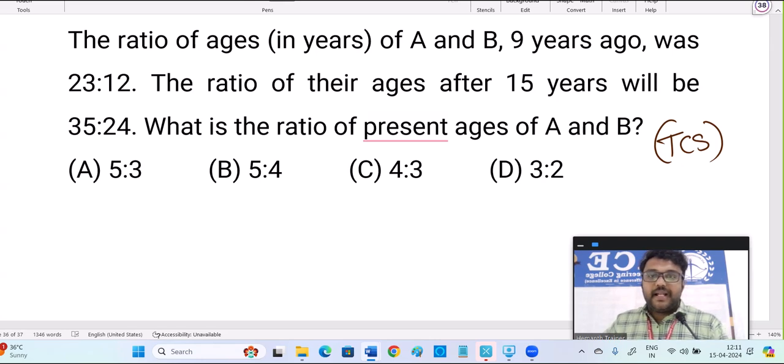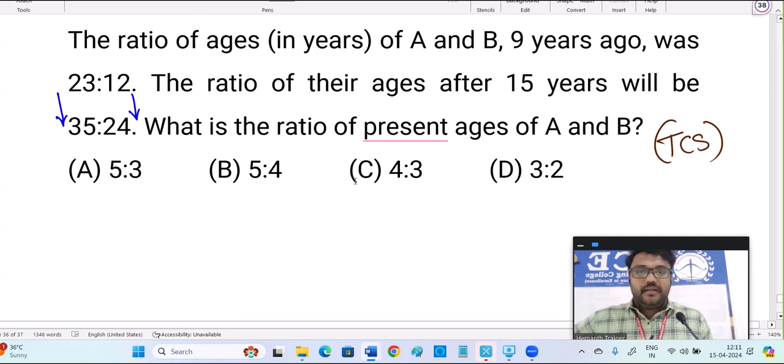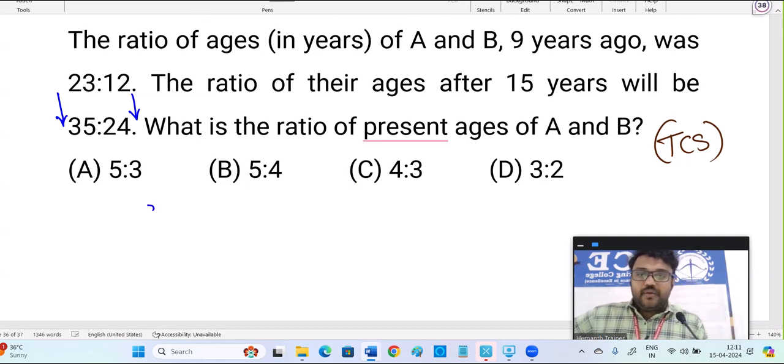In this question, the lucky thing is that both ratio terms are increased by 12. Nine years ago, the ratio is 23 and 12.